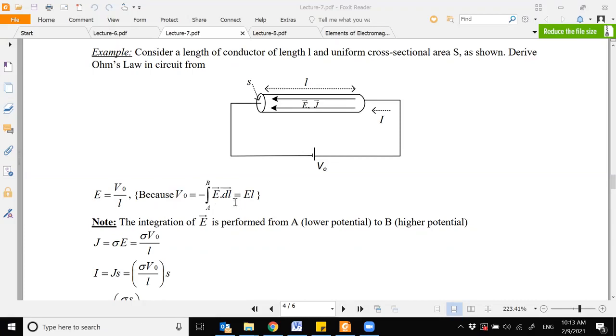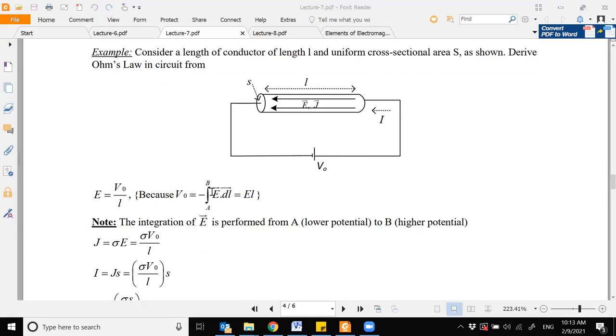This is the expression. So here we are now integrating this electric field E bar over this length L, from point A to point B.